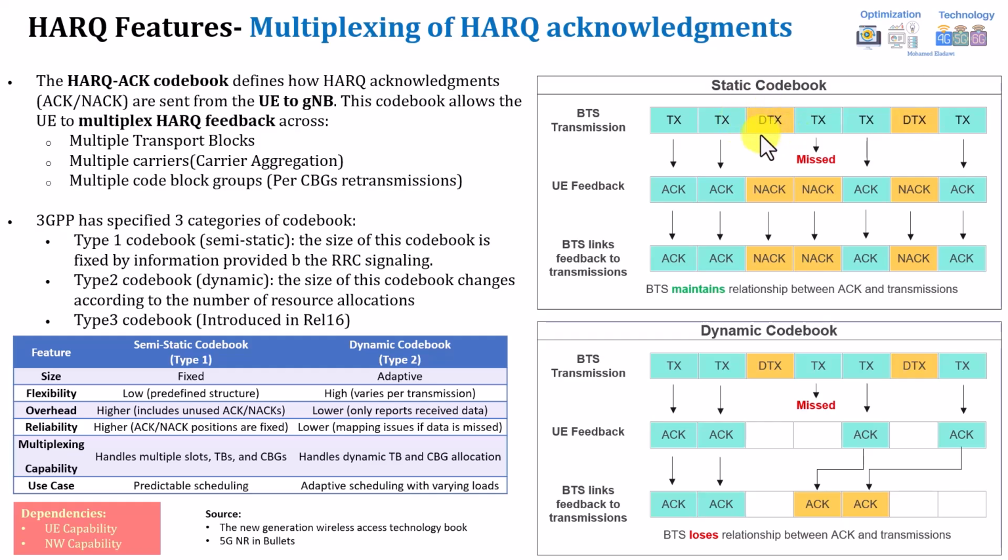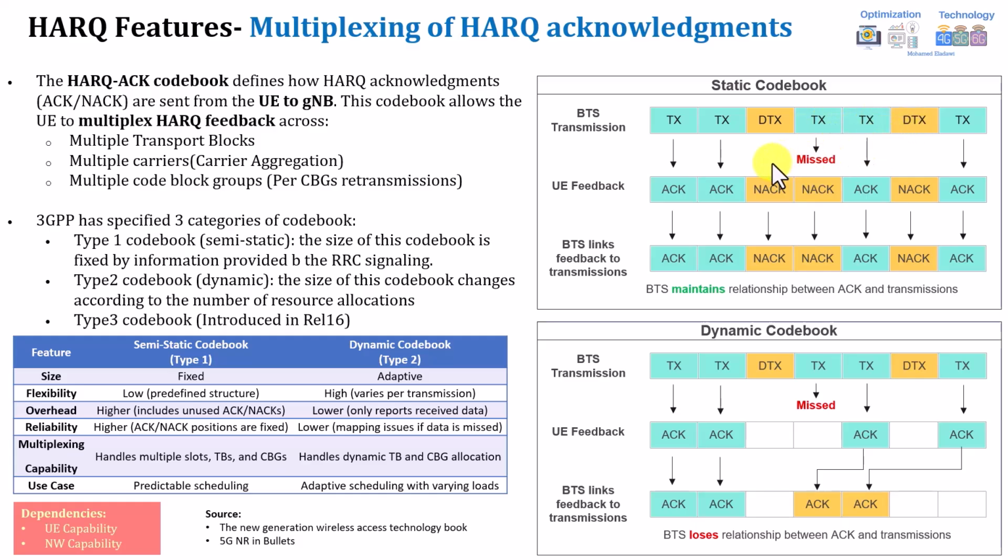In case this one was not sent as non-acknowledgement, the BTS might get confused because it will not know which transmission the next feedback is for. I will explain this in detail later, but just keep with me now.